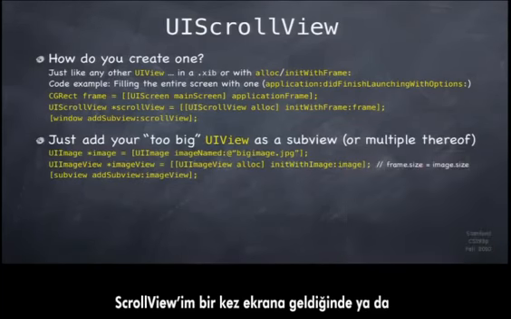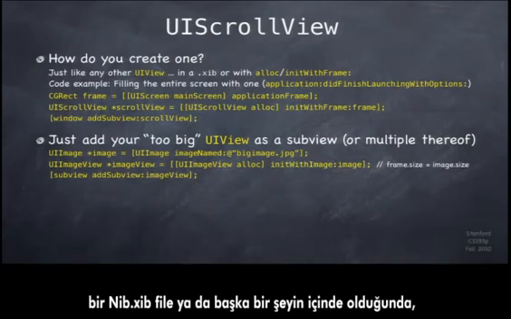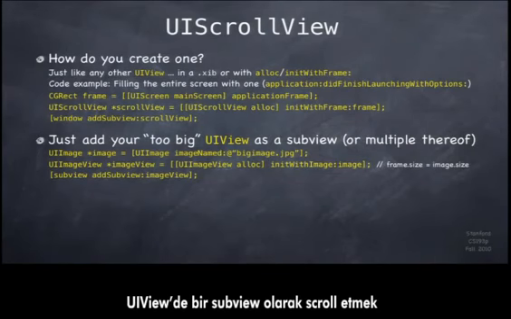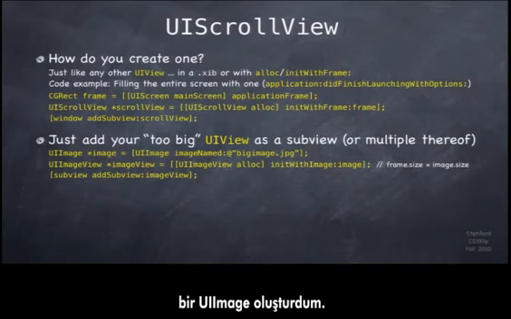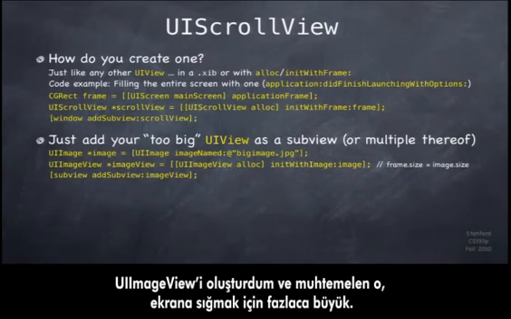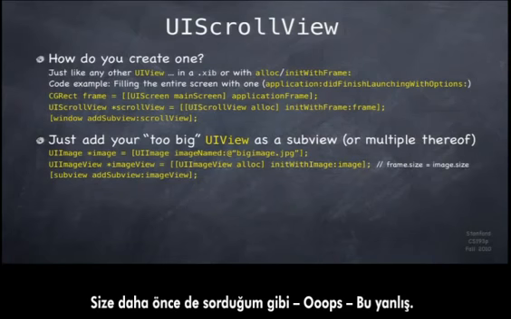Then, once I've got my scroll view on screen, I just add my too-big view that I want to scroll around in to the scroll view as a subview. So here, for example, I've created a UIImage from a file, bigimage.jpg. It's big, and I create the UIImageView. Presumably, it's too big to fit on screen, which was a question asked earlier. And then I just, oops, that is wrong.